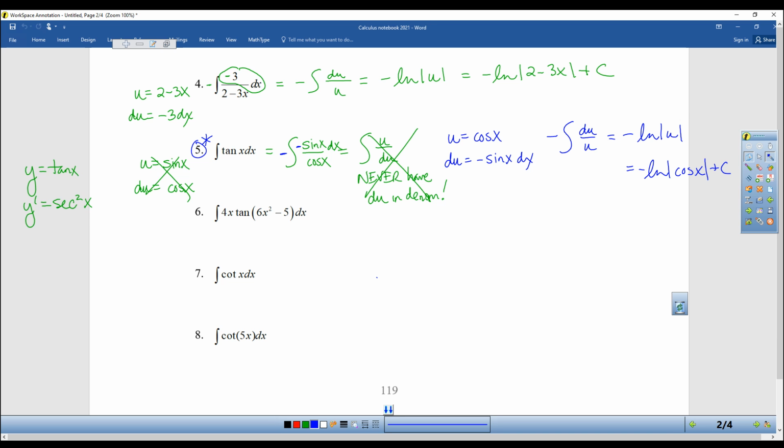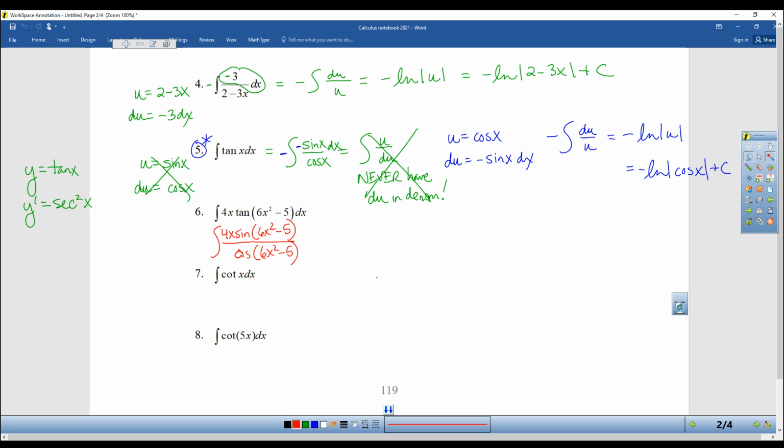So number 6 just lets you practice the exact same thing with a harder problem, because I wanted to point out that when you change this, the sine and the cosine will still both have this angle. No matter what you do to a trig function, the angle never changes. Cosine of 6x squared minus 5.